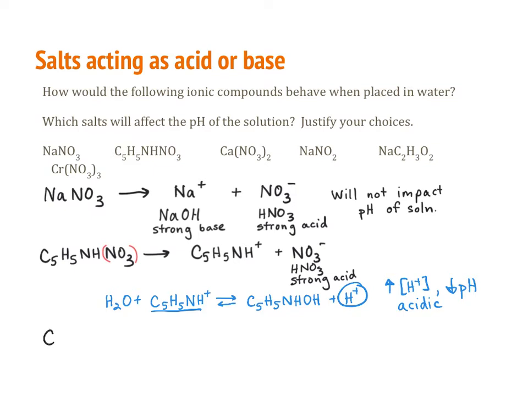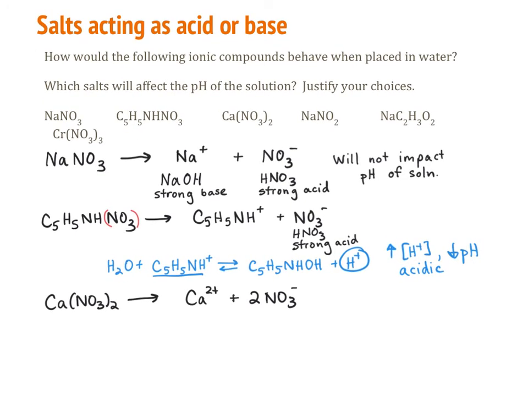We've got calcium nitrate. When this thing ionizes completely in water, because ionic compounds do, especially when they contain soluble ions, we'll have calcium and 2 nitrate ions. I think we've established now that the nitrate is not going to have any effect on the pH no matter what, so we're just going to leave it at that. The other species to consider here, calcium, is going to add hydroxide to it.